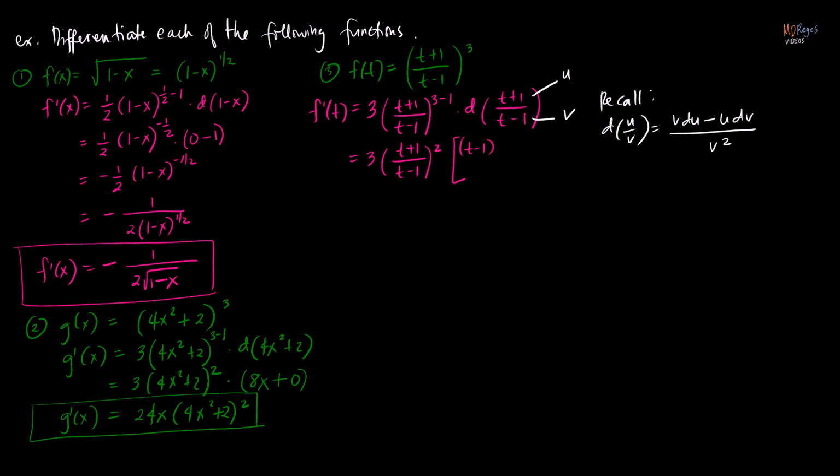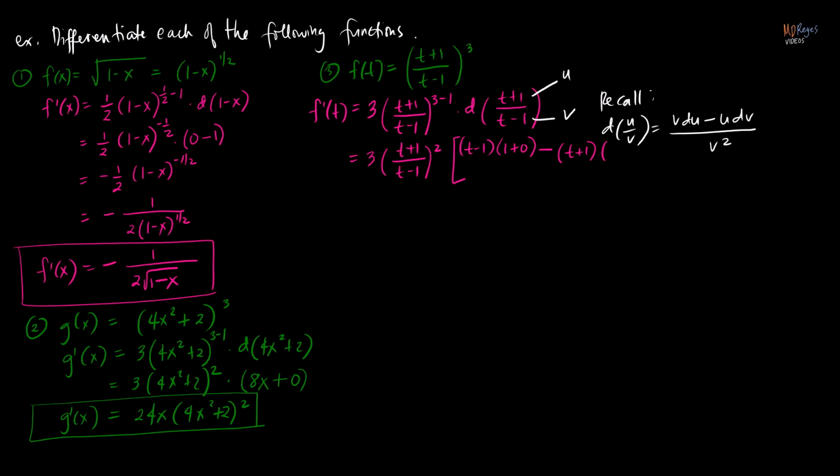times du. What is du? That's the derivative of the numerator with respect to t. The derivative of t with respect to t is 1, plus the derivative of 1, which is just a constant, so we'll get 0. And then minus, in the formula we have u, and u in the given is t plus 1, times dv, which is the derivative of the denominator with respect to t.